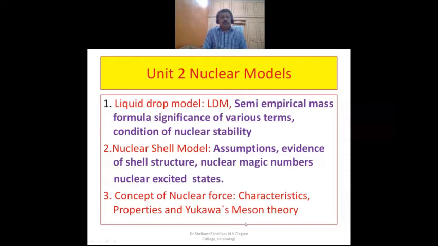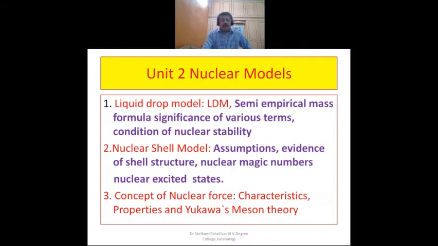So in this part of the lecture, we have completed the first unit, and we are moving to the second chapter, unit 2, where we will be discussing nuclear models of the nucleus. Basically, two important models for the nucleus: the liquid drop model and the shell model.